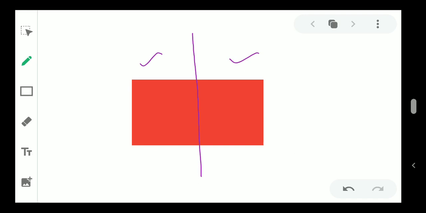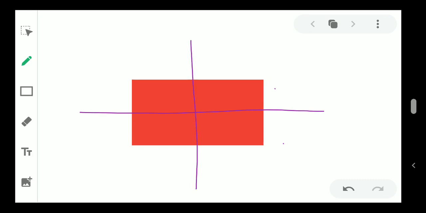If I take this line, these two sides are the same, but if I draw two lines all together, you can see that all the parts are not the same, right? So in that case, you have to find out carefully. For that, you take help of your book and see how they have found the lines of symmetry.